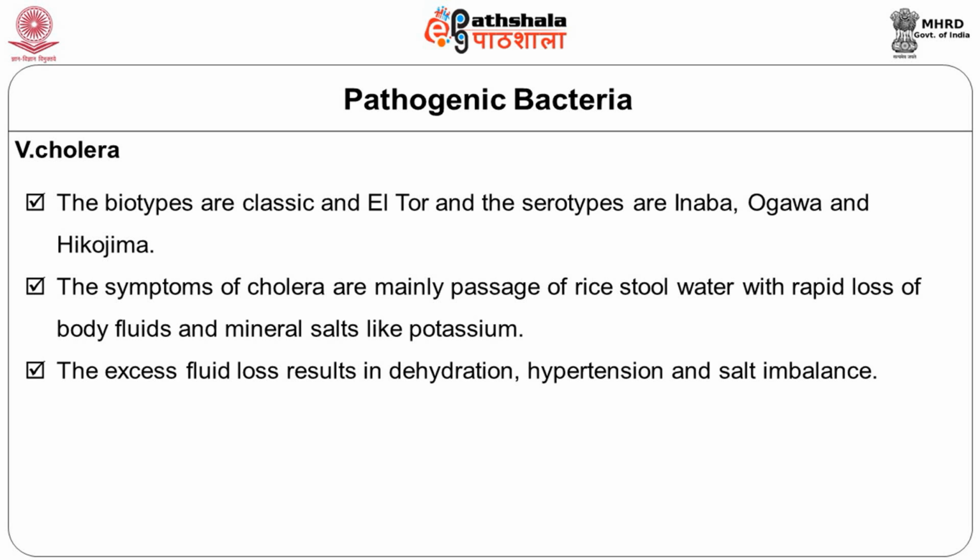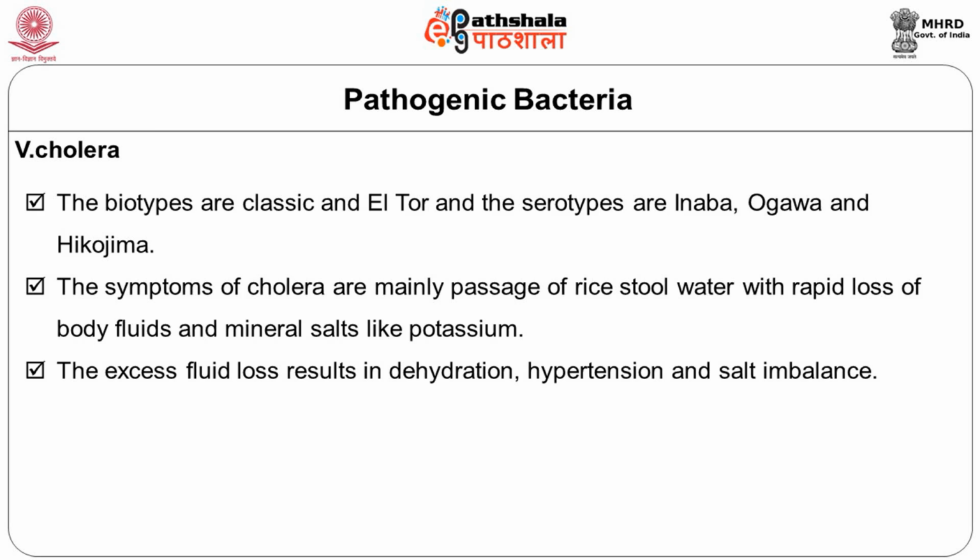The incubation period varies from 6 hours to 3 days, and the most prominent symptom of this disease would be passage of rice-water stools with a rapid loss of body fluids and minerals like salt and potassium. The excess fluid loss results in dehydration, hypotension, salt imbalance. The other one, parahaemolyticus, is also an important pathogen that causes diarrhea, abdominal cramps and nausea.